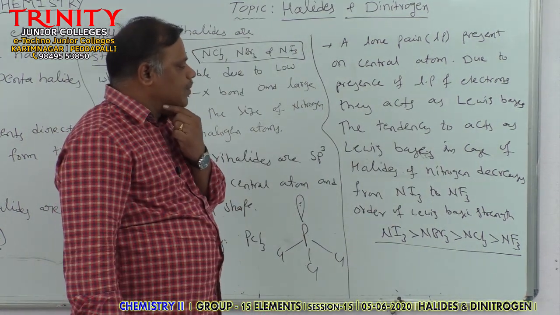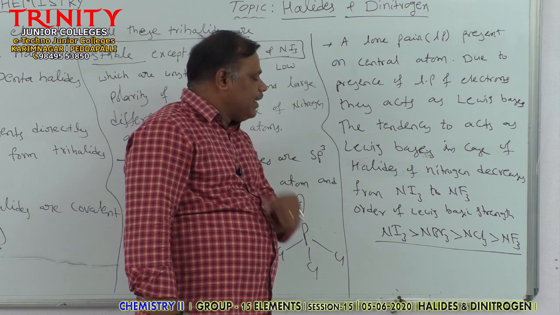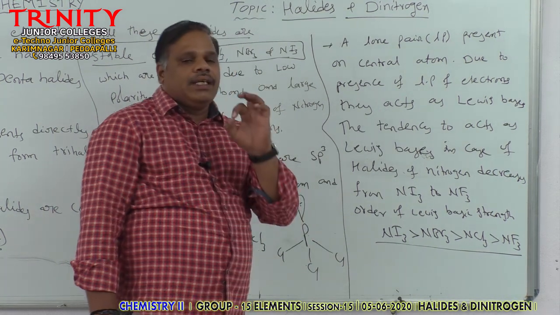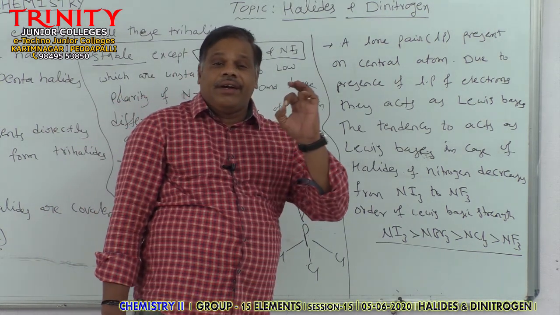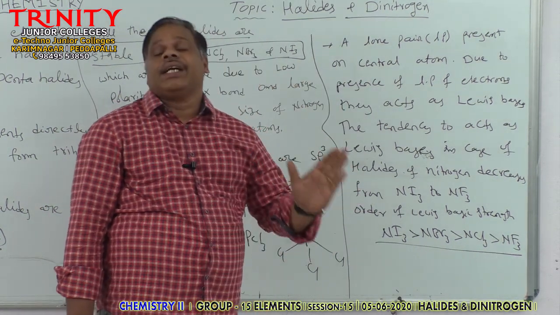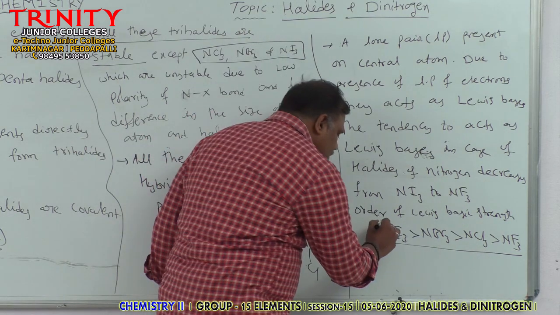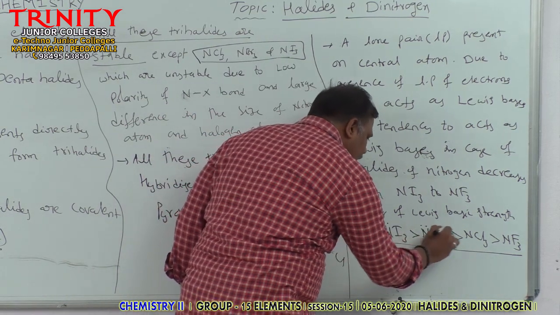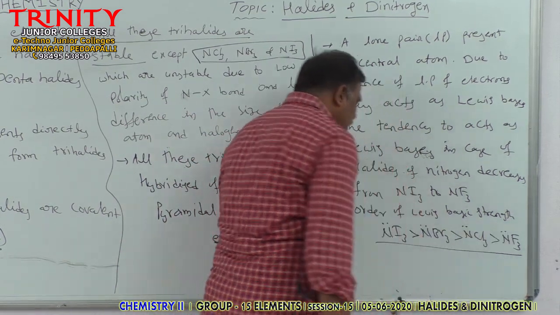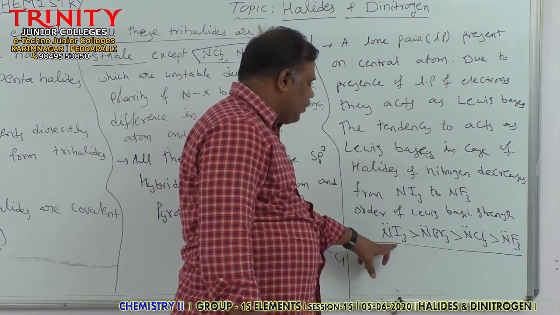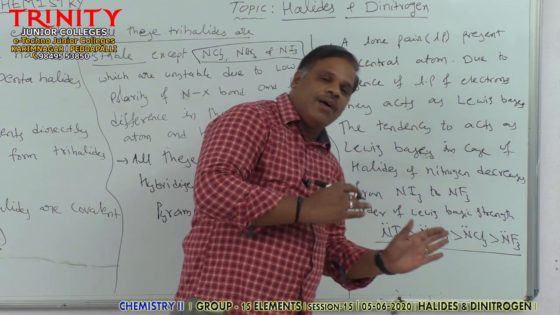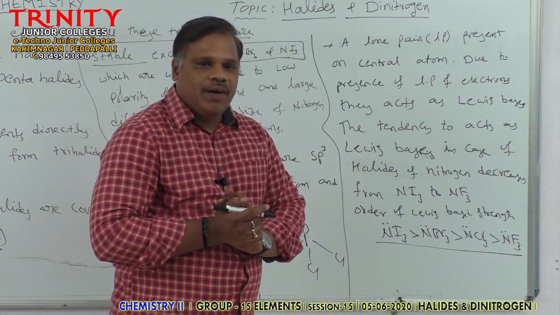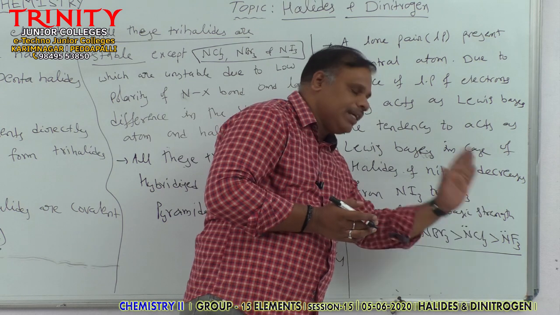Why does Lewis basic strength decrease from NI3 to NF3? The strength of a Lewis base depends on the electron density on the central atom. Here all these halides have a lone pair on the central atom, but the central atom is the same, nitrogen, and only the bonded atom changes. Whenever the bonded atom changes, electronegativity changes.